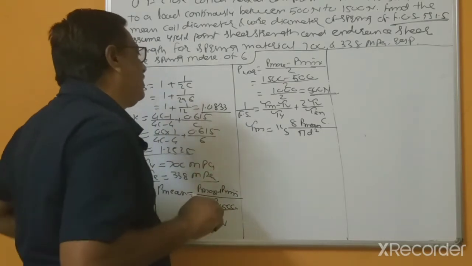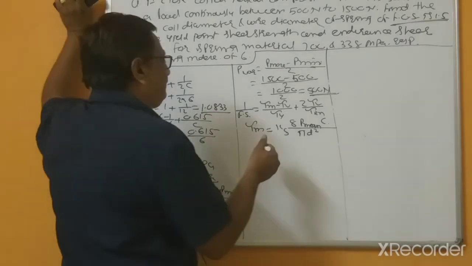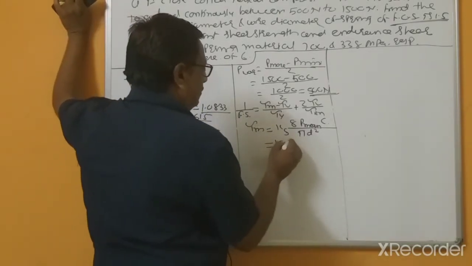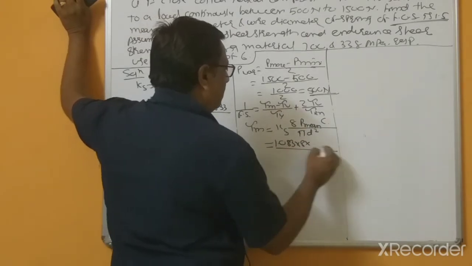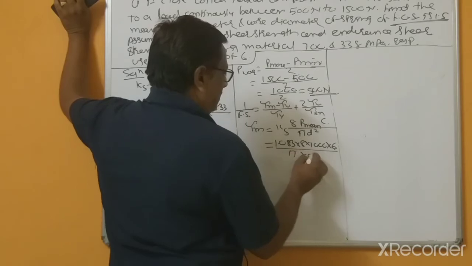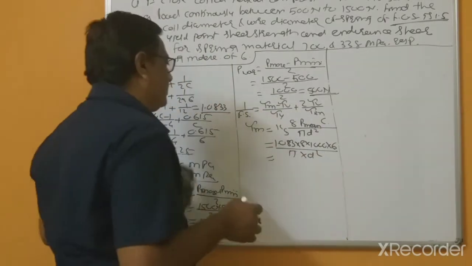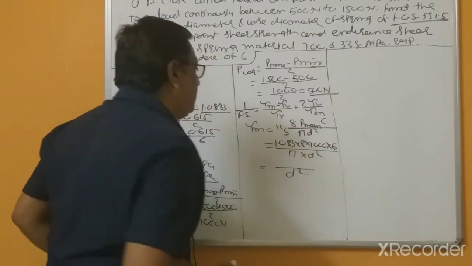So you will get it in terms of pi d squares. 1.2525 multiplied by 8, this is 1006 divided by d squares. So you will get it in terms of d squares.